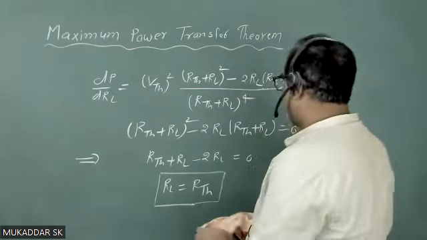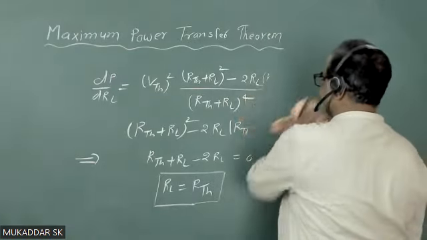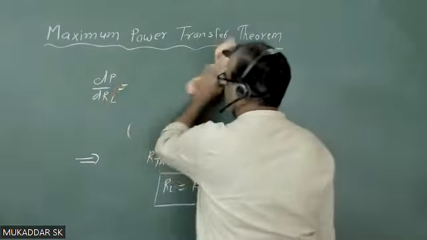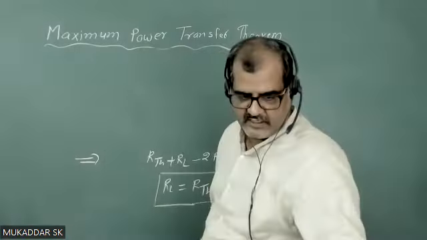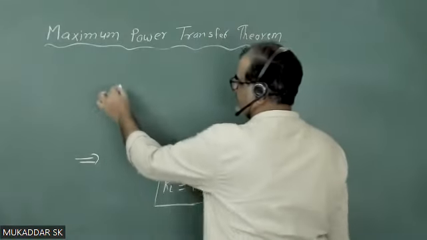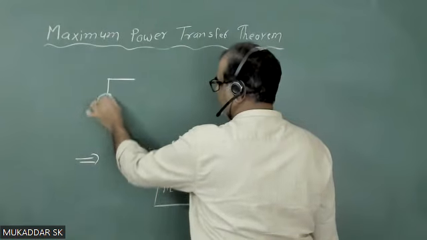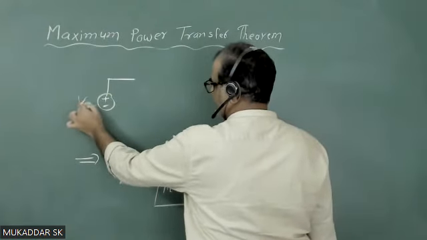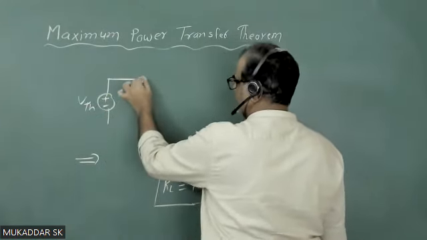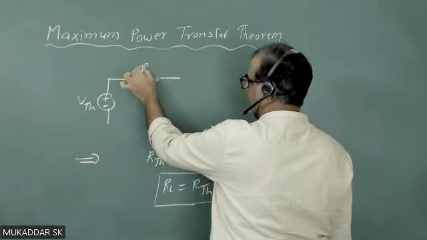Okay, now if I want to calculate the value of maximum power, I have this equivalent circuit, plus minus V Thevenin, and I have this R Thevenin.